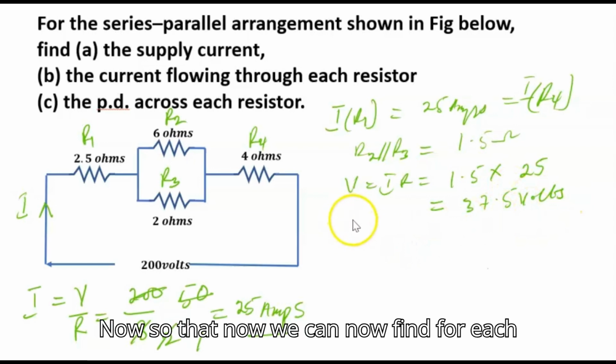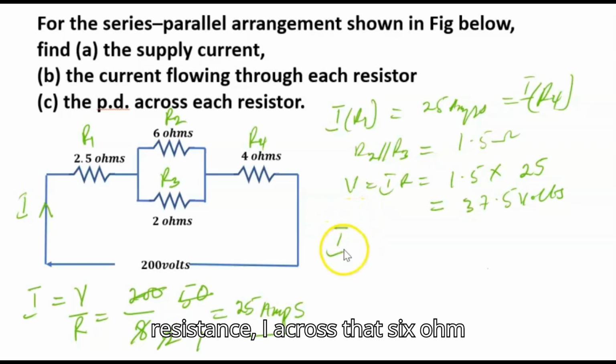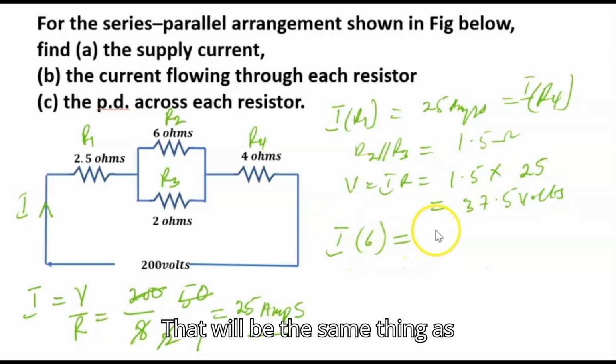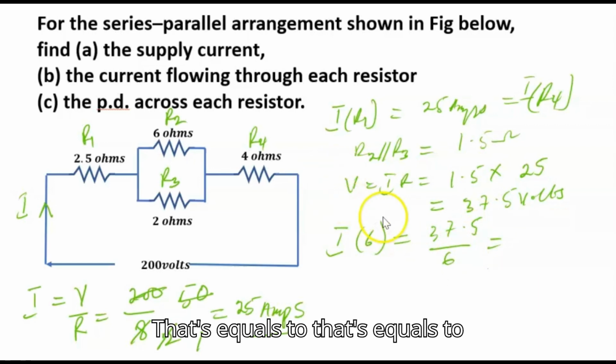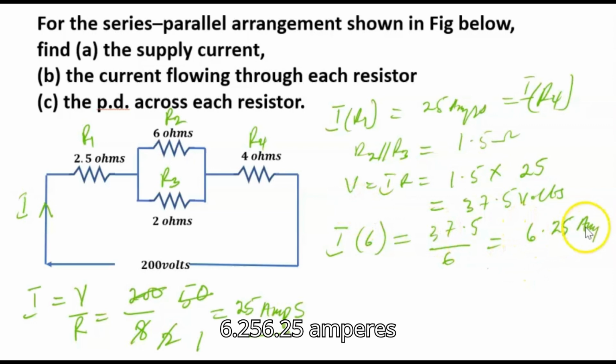Now we can find the current for each of the resistances. I across the 6 ohm resistance will be 37.5 over 6, which is equal to 6.25 amperes.